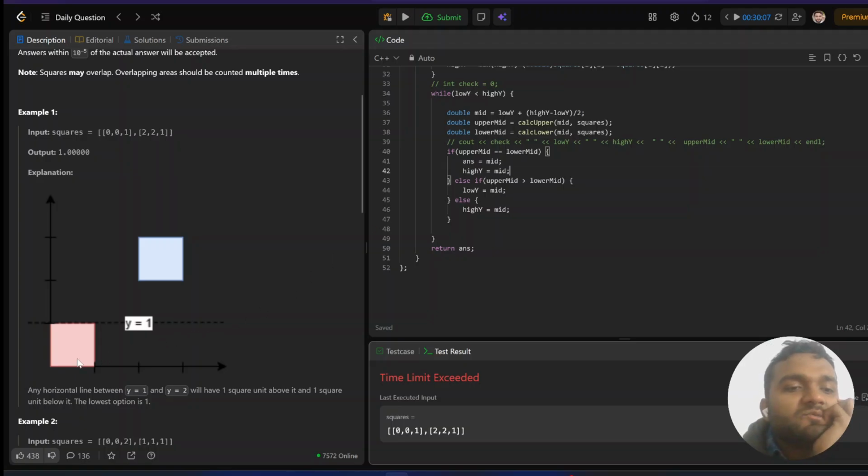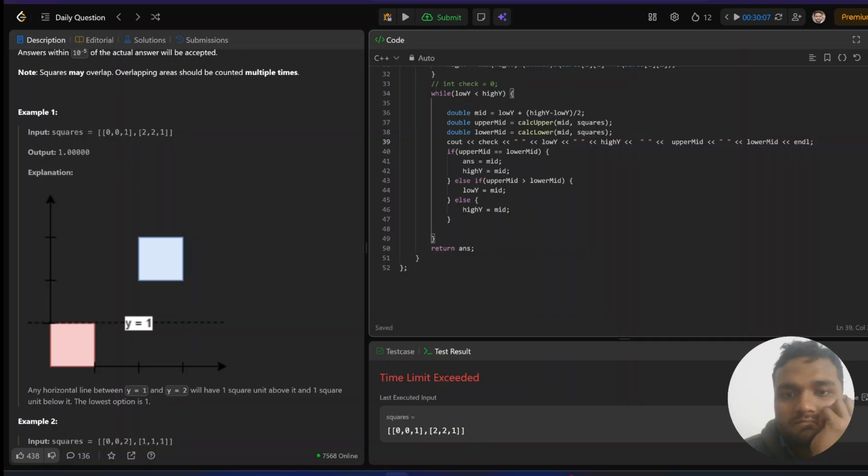What is happening? We have a low, we have a high, we have a mid. Mid function gives correct. We calculated something here. So what is happening?